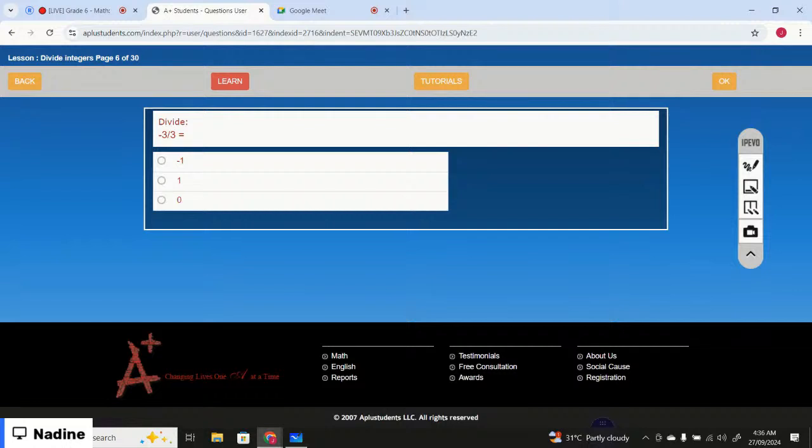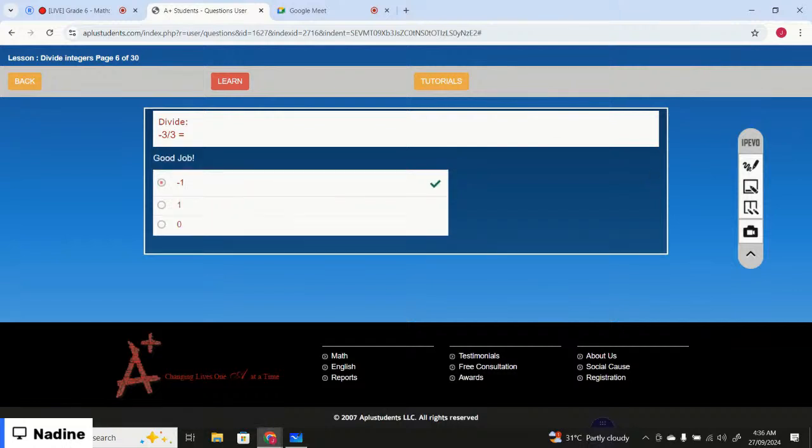3 divided by negative 3, which is the correct option? That is negative 1. Option number 1 is the correct option.